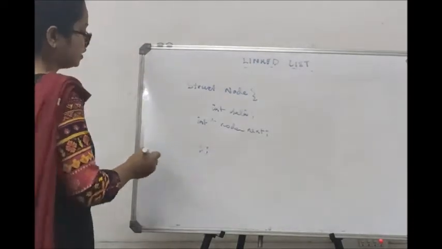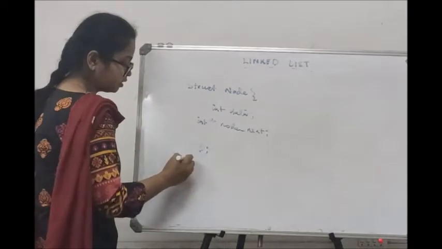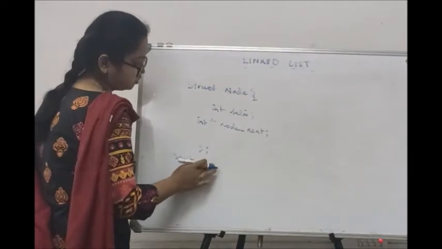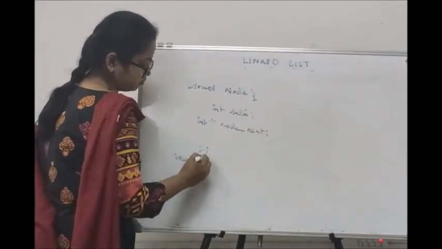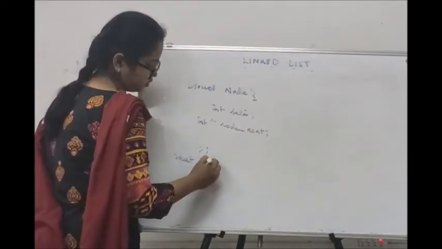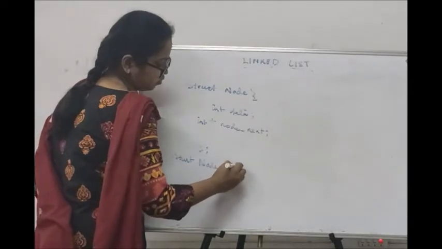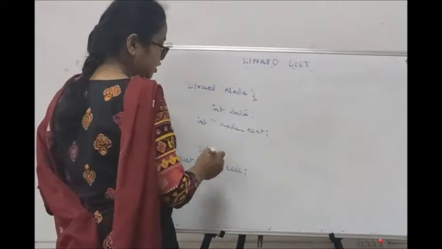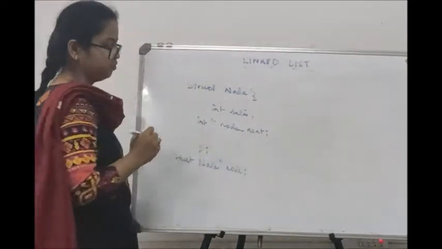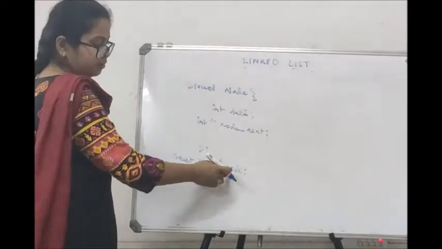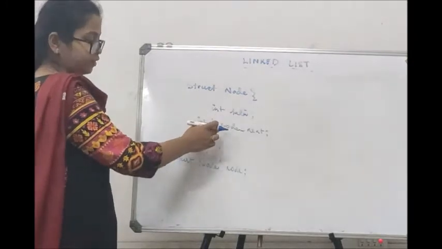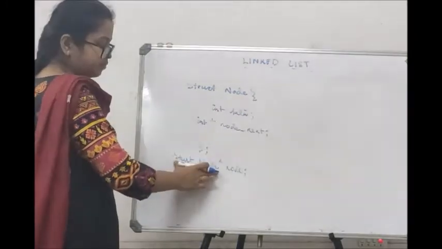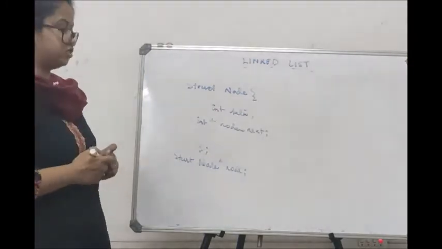Now we can create a node: struct node star, and I will name it node. So this is a pointer. Because node is a pointer, it has a pointer data type. The type is structure because it is a structure type.